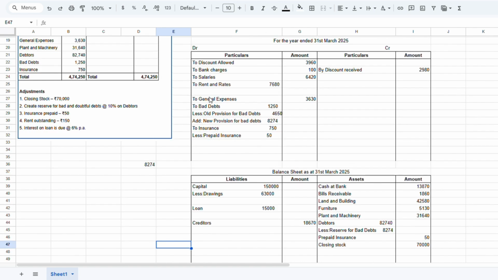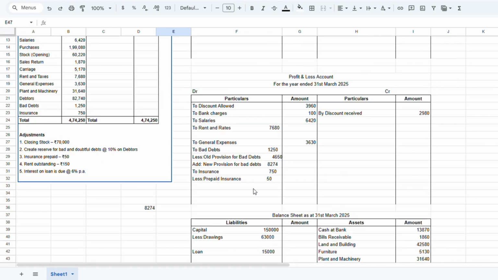Next we have rent outstanding 150. This is outstanding rent. We already have rent and rates. We will deduct it from rents. The other entry we will record on balance sheet, liability side, because we need to pay. Less outstanding rent 150.